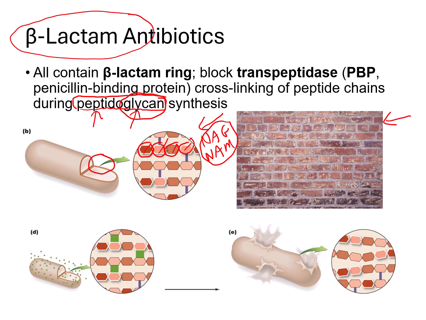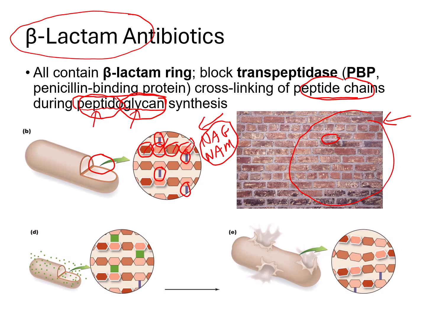But peptidoglycan also has that peptide part, so those little peptide chains are just little short strands of amino acids, and here they have them as these vertical kind of purplish lines that hold the sugar chains together. And going back to that brick wall, the peptide part, those peptide chains remind me of the cement, kind of that glue in between the bricks that holds everything together.